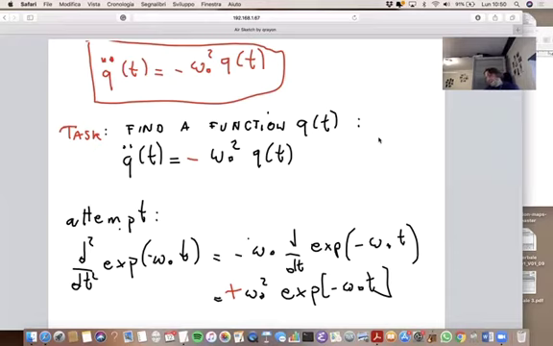So we are almost there, but not quite yet. The reason is that when we pull down this prefactor twice, I get the wrong sign, because when I do it twice, I multiply minus one by minus one. I get minus one squared, which is always one. So this attempt failed.